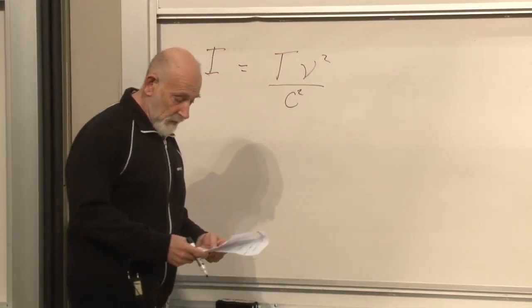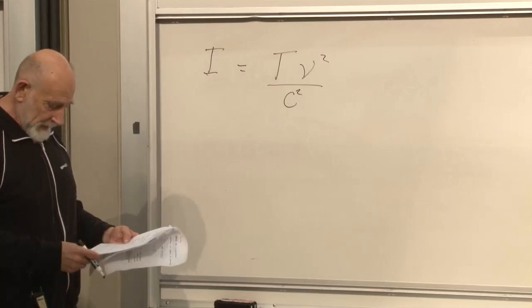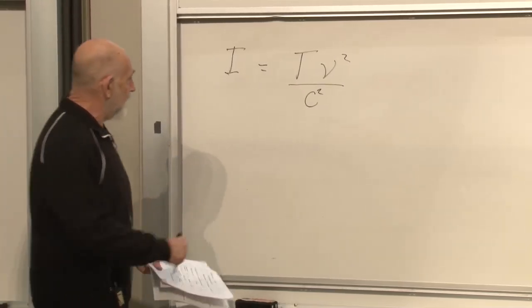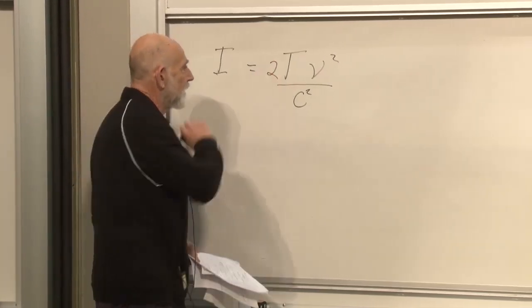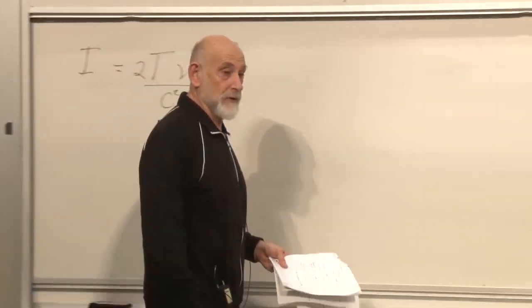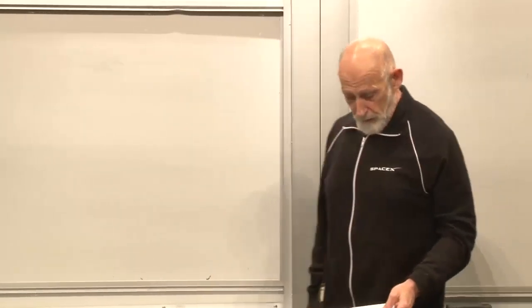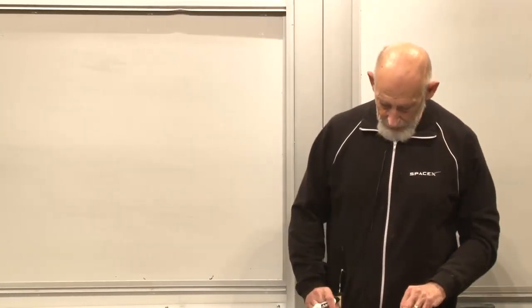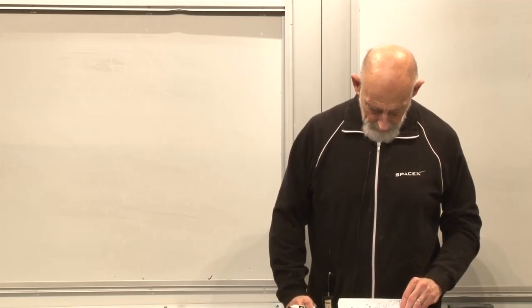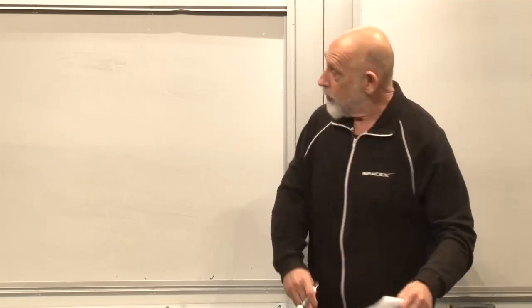Of course, there can be other formulas that have the right units, like, for example, twice that. 2 has no units, and in fact, that's basically the right answer: twice the temperature times the frequency squared over the speed of light squared. Not quite.